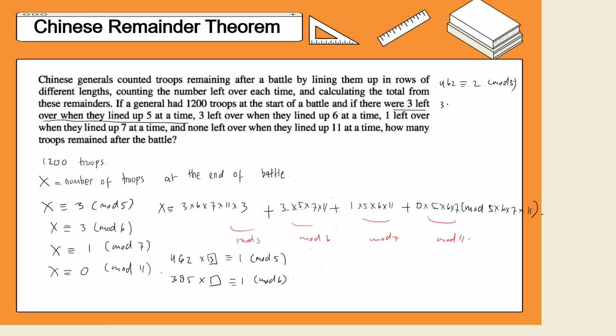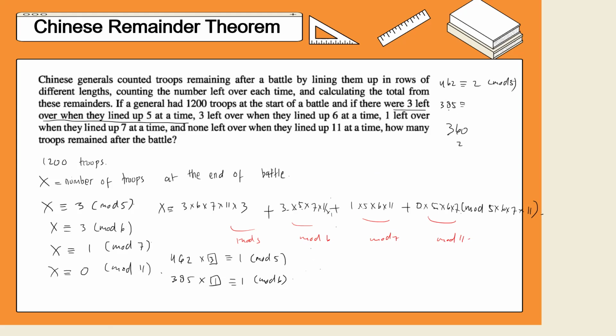I think it's already congruent to 1, so we can multiply by 1. Oh, it is congruent to 1? Okay, nice. So multiply it by 1, nice. Thank you, Nara.